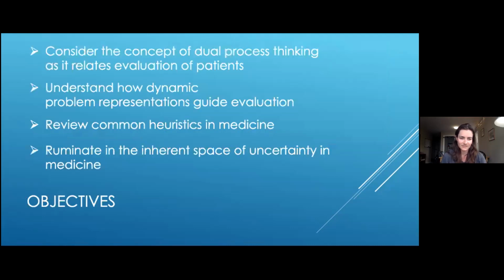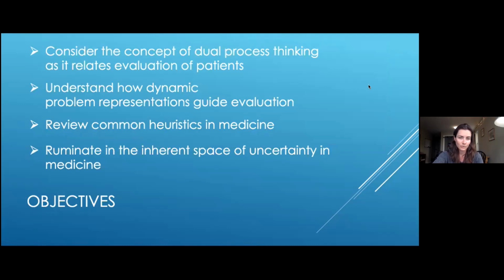So our objectives for today are namely to consider the concept of dual process thinking as it relates to the evaluation of patients. This is a model that I'm guessing many of you have heard of, probably in the context of medicine, but we're going to go back over that.